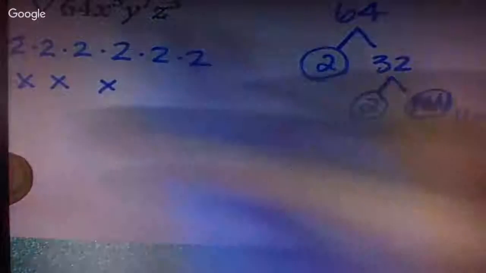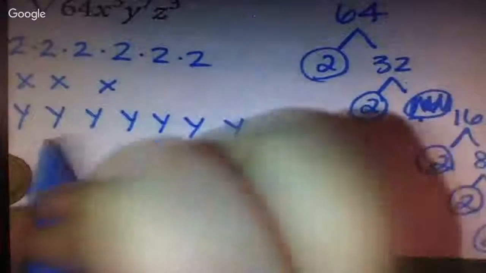So there are 6 2s. Then 3 x's, 7 y's, and 3 z's.